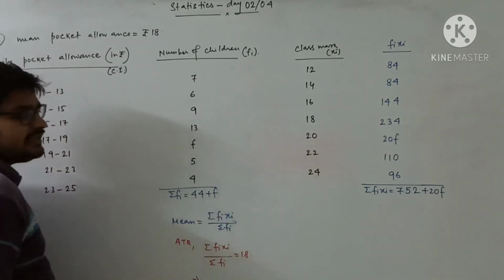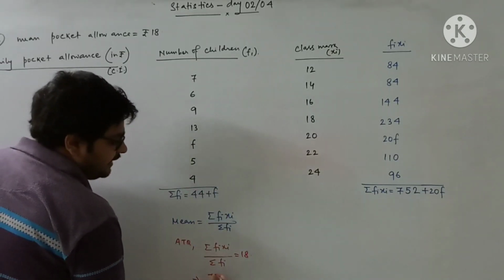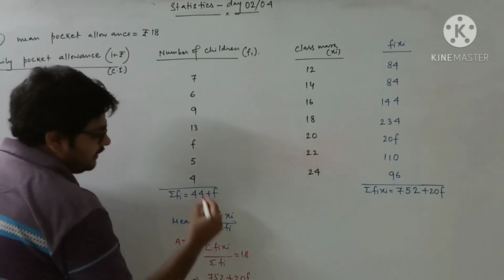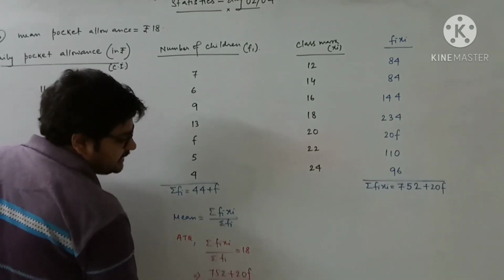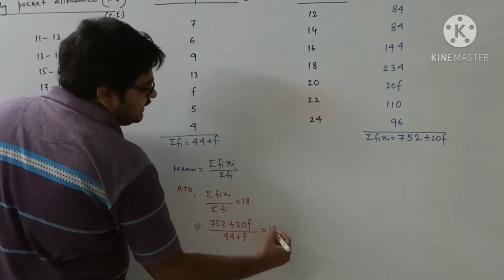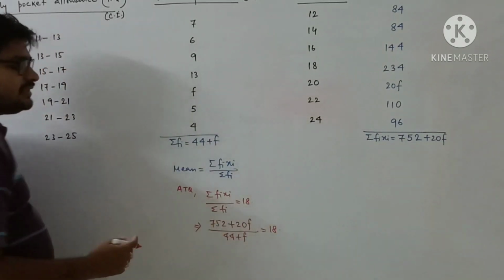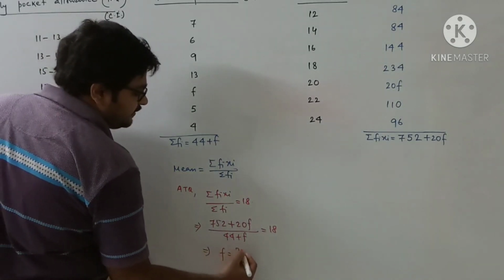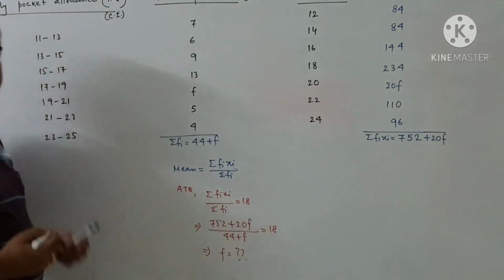Summation of fi xi is 752 plus 20f, and summation of fi is 44 plus f. So this is an equation now. Do the cross multiplication, and after that you solve to find the value of f. This is your one; I think you can complete it.